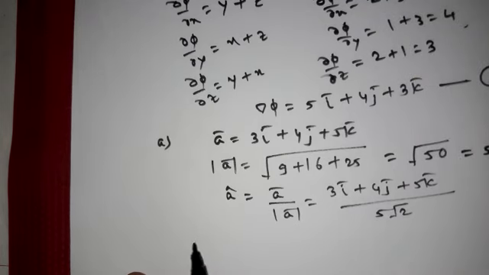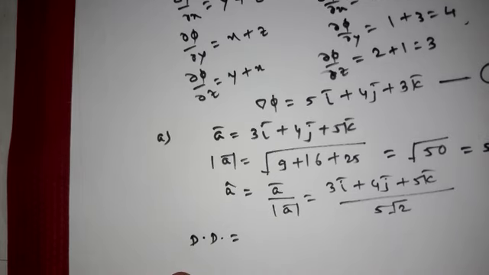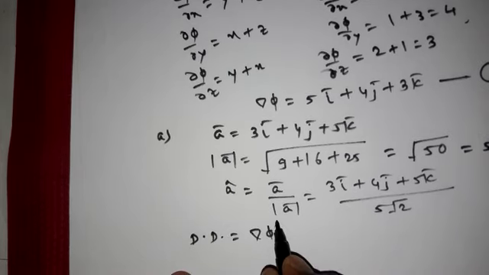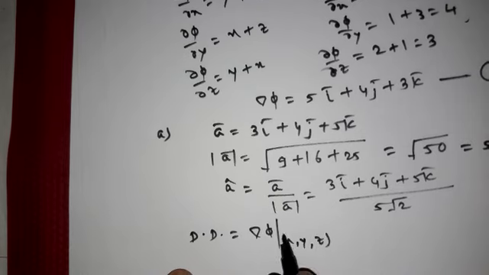So the directional derivative, in short dd, is equal to del phi at point X, Y, Z, which means our point (1, 2, 3), dot A cap.